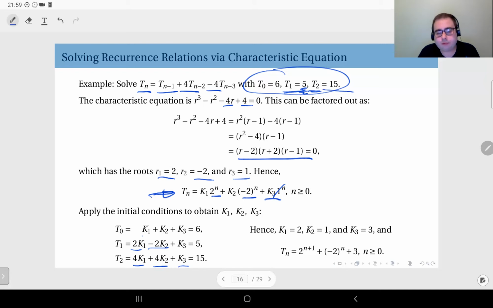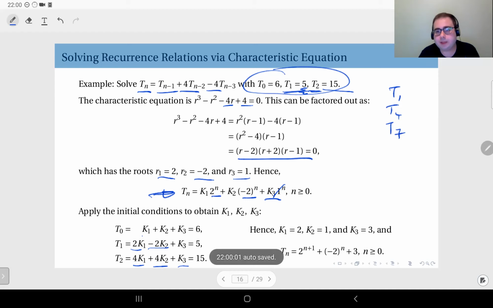Now, in some questions, it could be the case that you are not given the first three, so T0, T1, T2. Well, as the name implies, these are initial values. However, you could be given some other values. As long as you have 3, you are in the clear. Maybe you are given T1, T4, and T7.